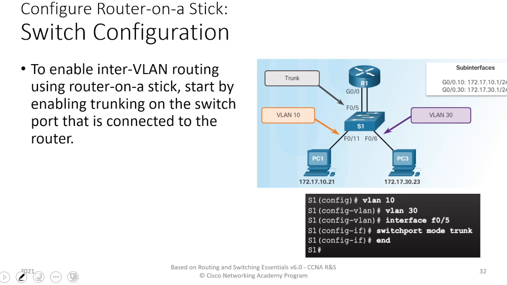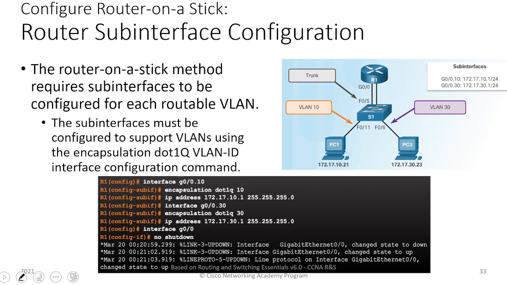On the switch side, earlier we configured all of the interfaces as access interfaces with VLAN tagging, whereas here we configure the access interfaces, and the interface going to the router is configured as the trunk. And then on the router side, we'll have to configure the sub interfaces with the appropriate IP configuration.